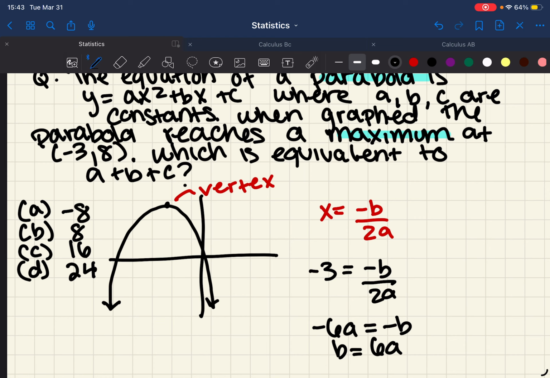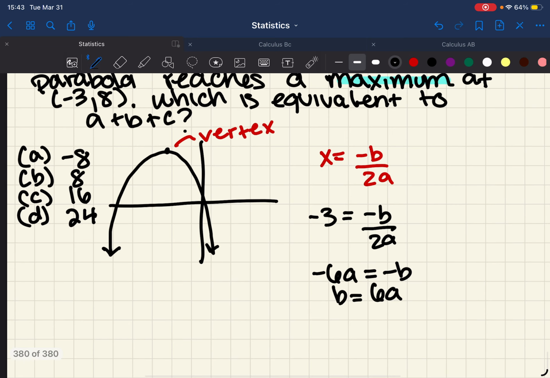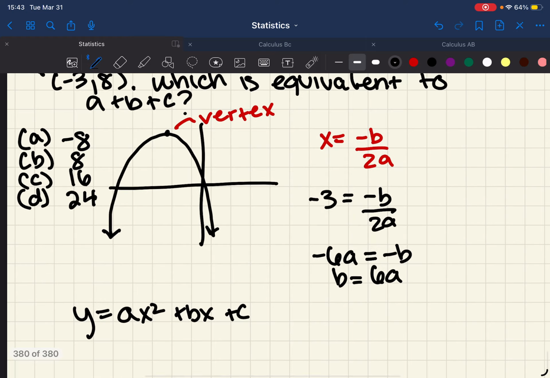Now I am going to plug a and b equals 6a into our standard equation for a parabola. So I have y equals ax squared plus bx plus c. I know y is 8.